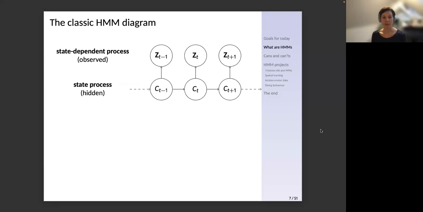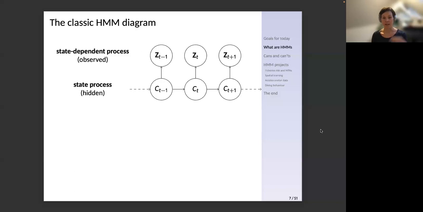So this is a classic picture of an HMM where we have in the top row, in the bold Zs, the state dependent process, and these are the observed variables. And they're bold because it's normally a vector. So it's often X and Y locations, or it could be X and Y and Z if you've got an animal that dives or flies. And it could be a location plus other information that you have from a tag, for example.